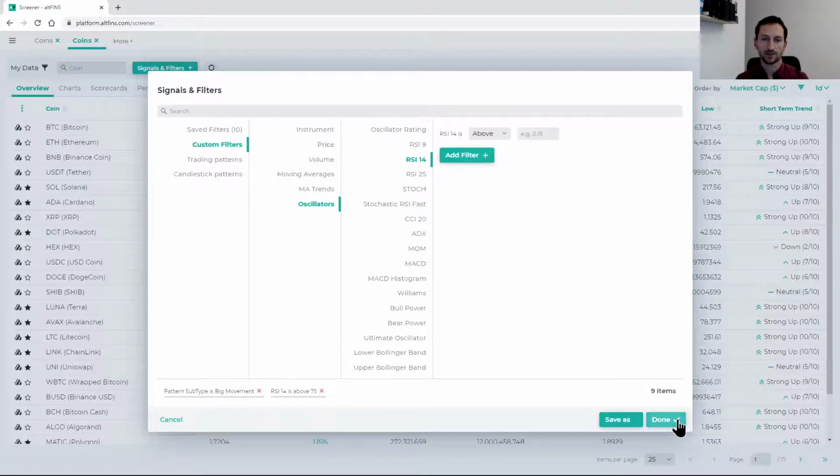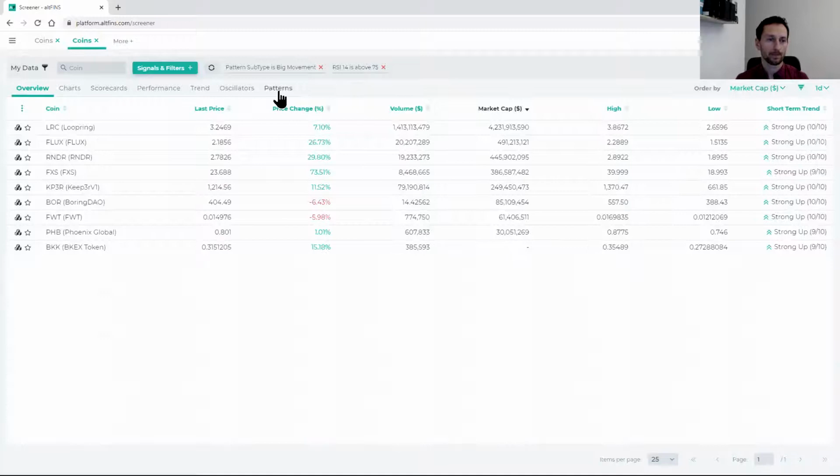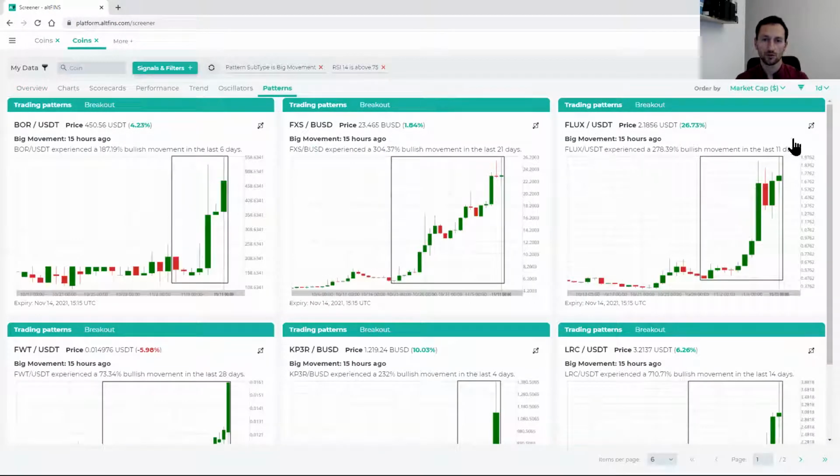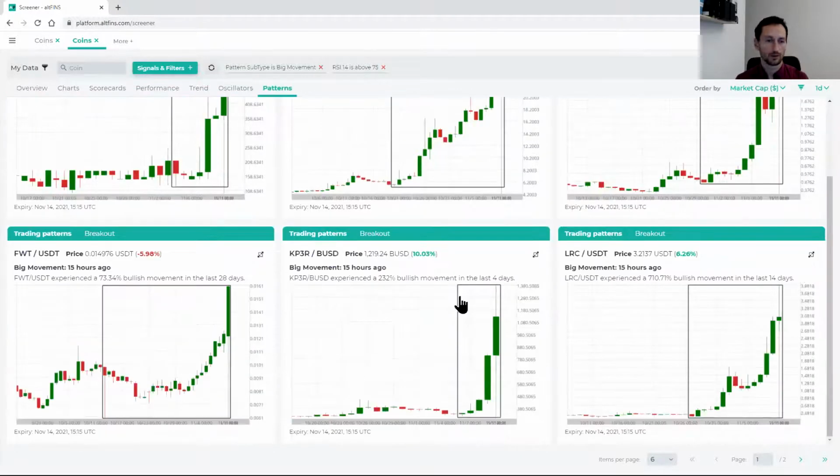Nine of them. Let's take a look. Okay, so some of these indeed have had huge moves. And Loopring, for example. Let's take a look at that one in greater detail.